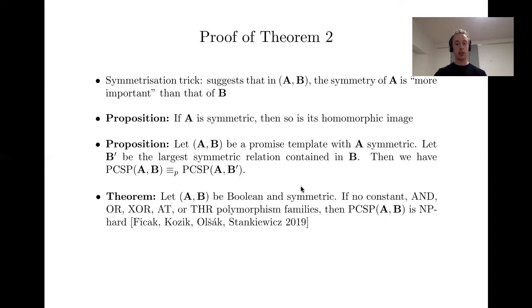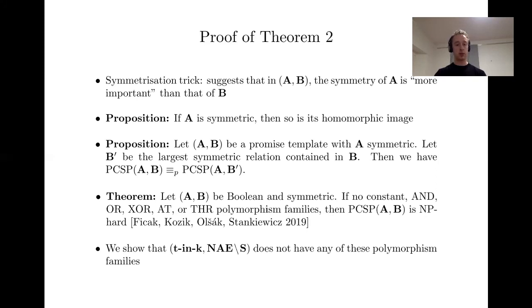This says that if your PCSP does not have any constant, AND, OR, XOR, alternating threshold, or threshold polymorphism families, then the PCSP is NP hard. We show for our family of problems that none of these polymorphism families exist. The proof is not very deep, and the main challenge is ensuring that all the cases are covered.